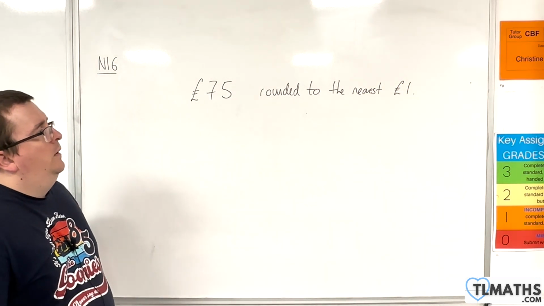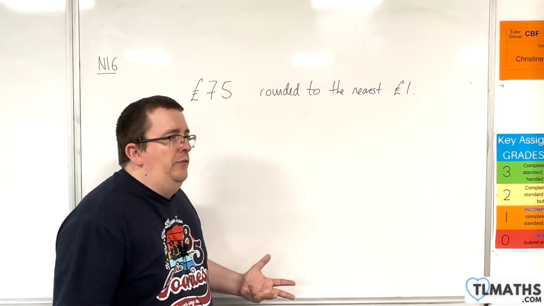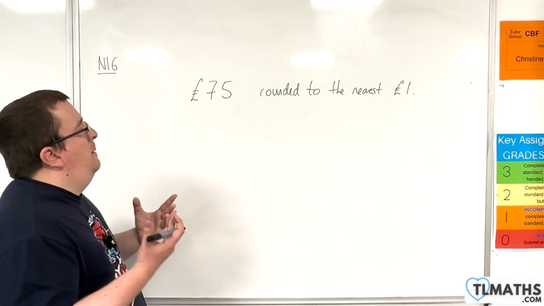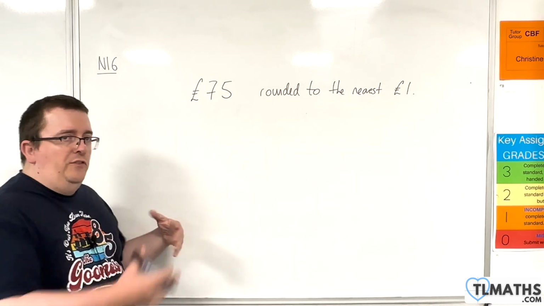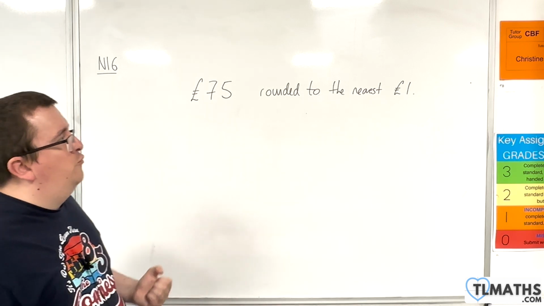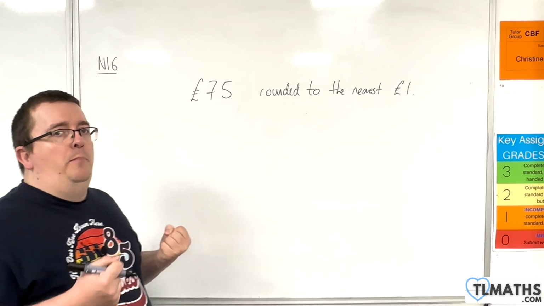Okay. Now, if the context is in coins, let's say, so I've collected all these coins up and I've added them all together and I've got £75 rounded to the nearest pound. Okay, what could I possibly have had?